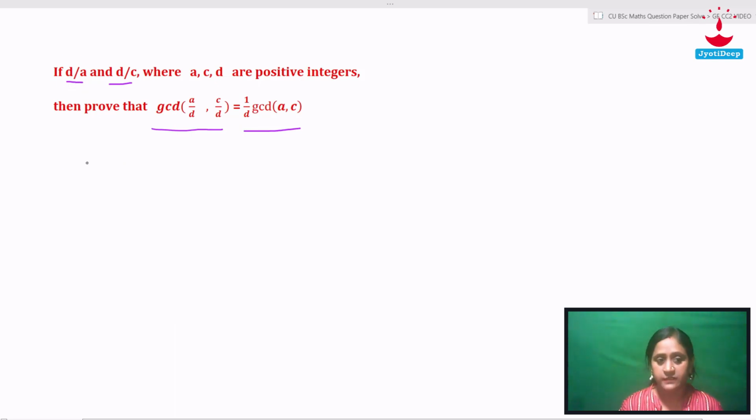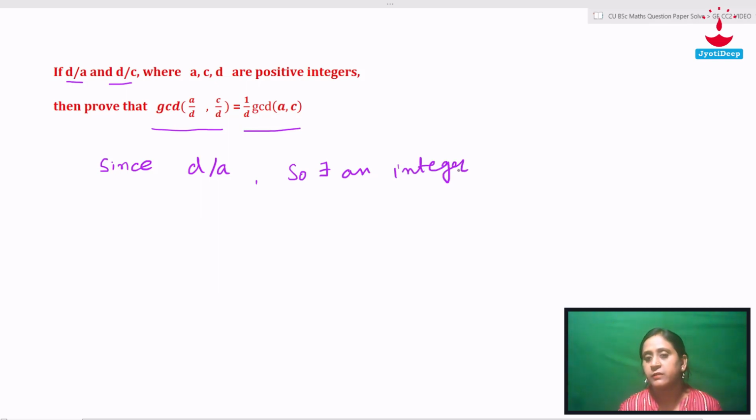Okay, if D divides A, that means A is divisible by D. So, we can write here, since D divides A, so there exists an integer k1 such that A is equals to k1D.